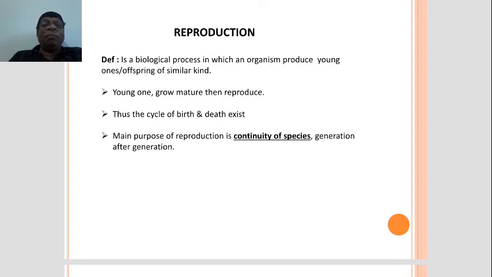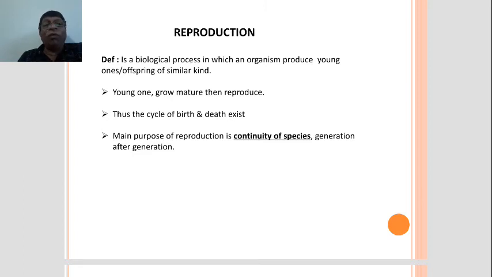Once reproduction takes place, the young one or offspring is produced. The offspring grow, develop, mature, then they also reproduce.